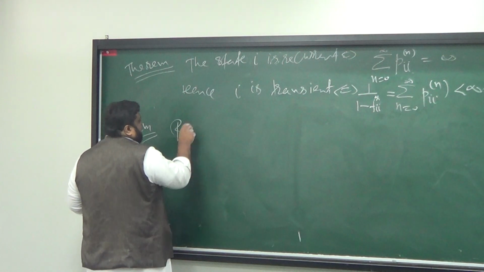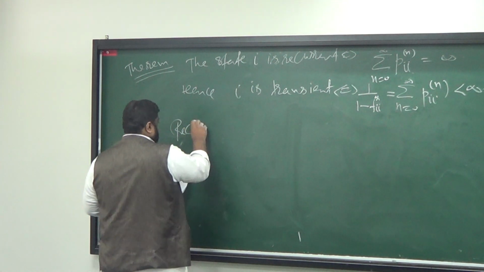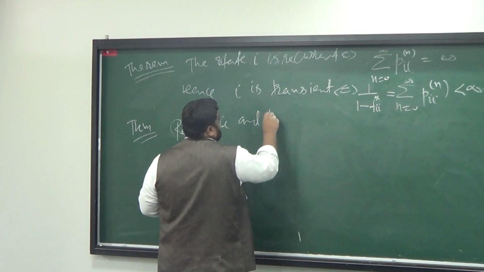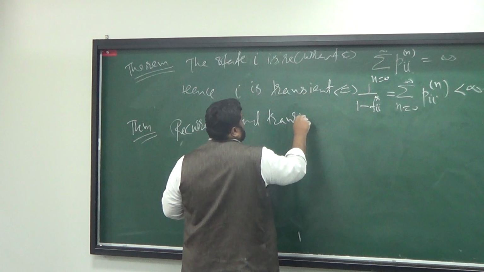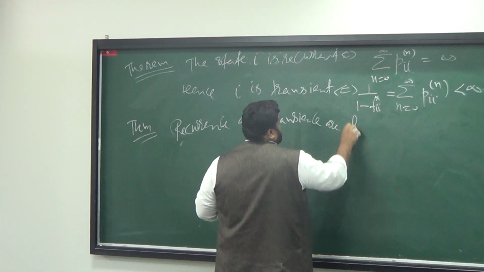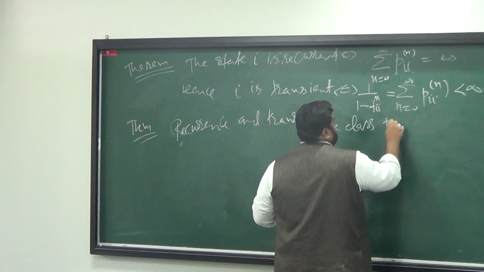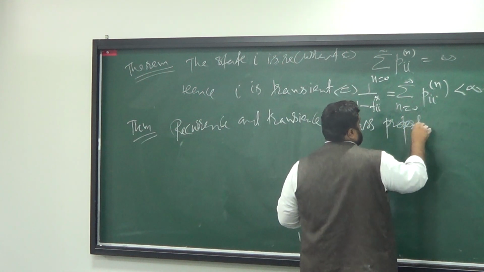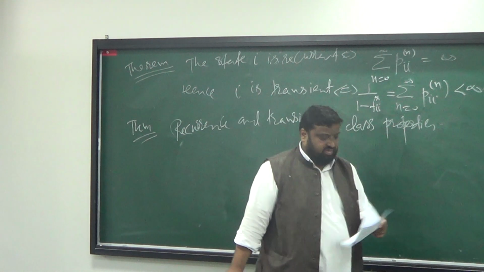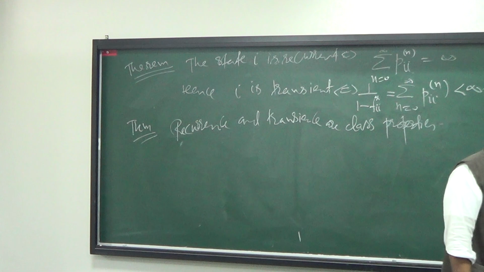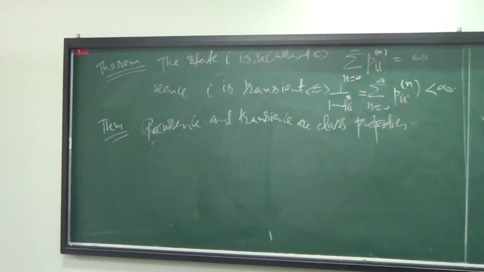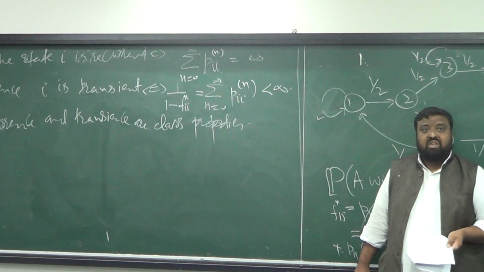The recurrence and transience are class properties. That's an important thing that you can read also as proof. It's just a one-liner proof that recurrence and transience are also, what do you say, class properties.